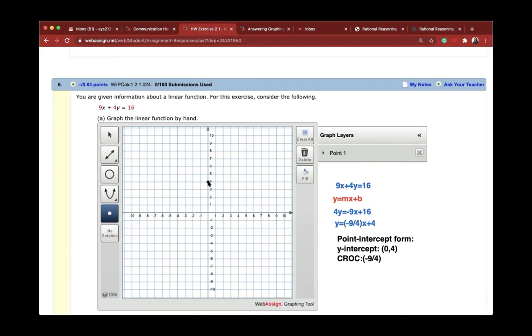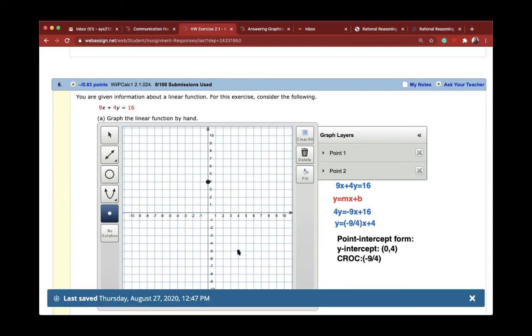Since we have the constant rate of change, and I know this is how most of you are going to do the problem, you're going to go down 9, 1, 2, 3, 4, 5, 6, 7, 8, 9, because we have negative 9/4, and you're going to go to the right by 4: 1, 2, 3, 4.